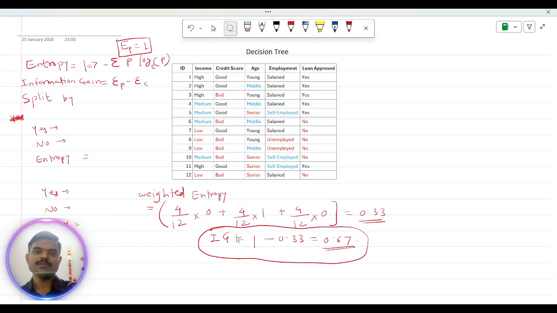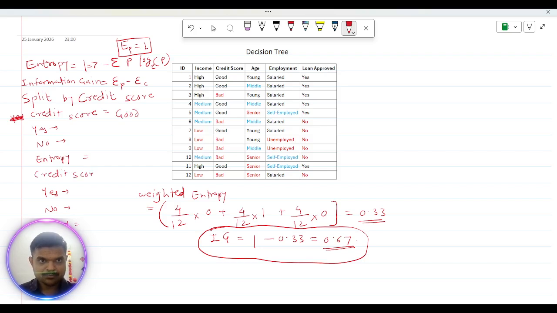Weighted entropy, the formula. Here, split by credit score. Now, for credit score, there are two categories only: credit score equal to good, and credit score equal to bad.